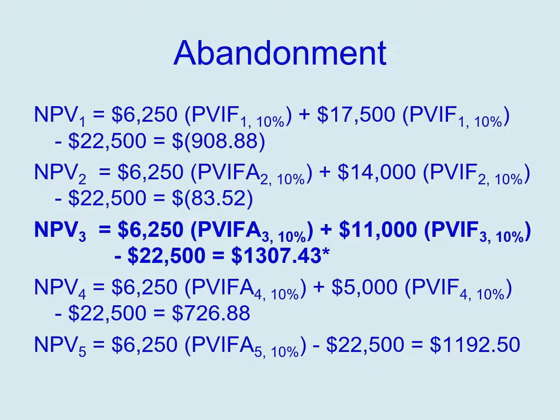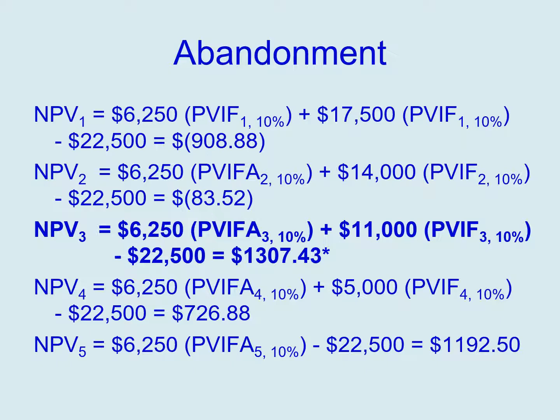If we go 3 years, and you get the idea, we do this for every year, in year 4, year 5, notice the NPV is highest for year 3. So if we get the $6,250 in cash flows for 3 years, and if we're able to sell the car for $11,000, that's the beauty of this project.